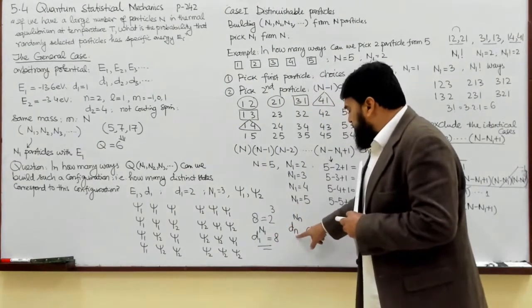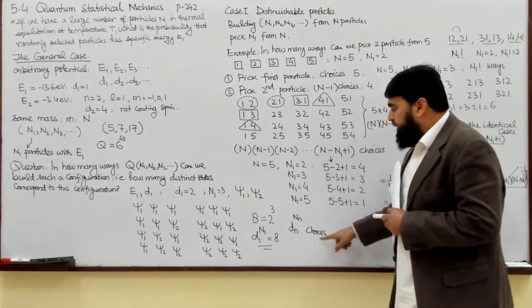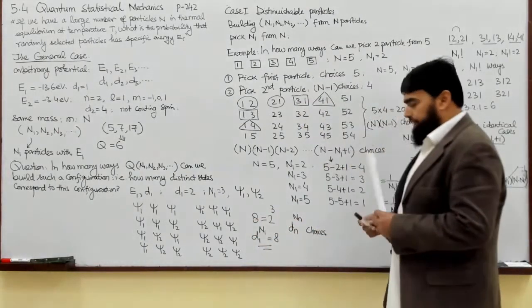So dn to the power nn will be the number of choices. Here the number of choices comes out to be 8.